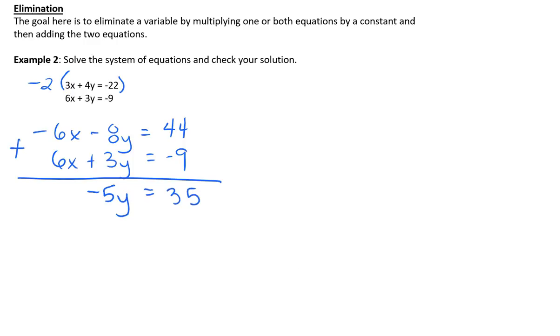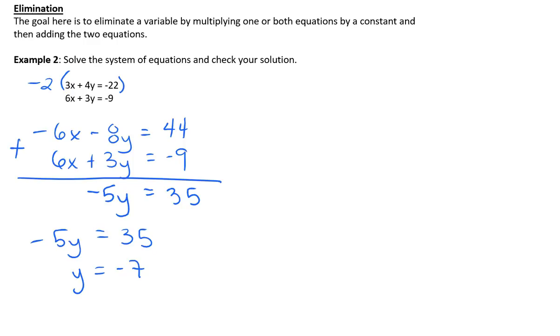Now we have a much simpler equation that we can easily solve for y. Taking negative 5y equals 35 and dividing both sides by negative 5, y must equal negative 7. Now, just like we did before, we can take our solution and plug it into a previous equation to solve for the second variable.